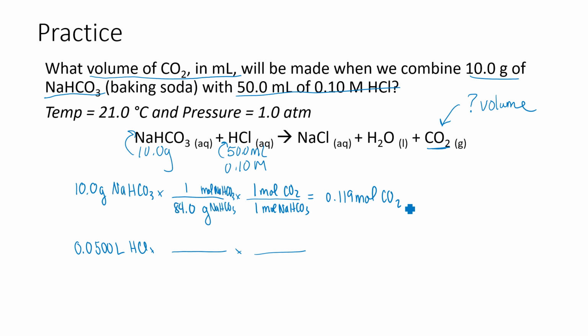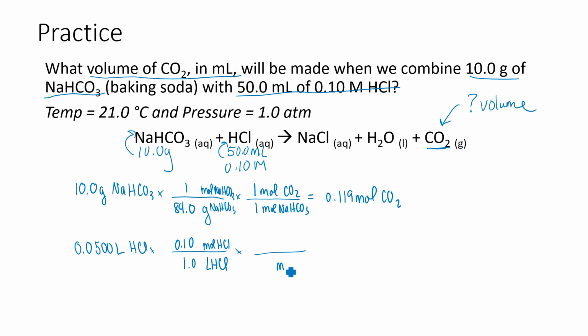Now we're going to do the same thing with the hydrochloric acid. I want to convert liters of hydrochloric acid to moles of hydrochloric acid. Remember, when in doubt, find moles. That's always a good first step. Because it's 0.1 molar, that means there's 0.1 moles of HCl per every 1 liter of HCl.